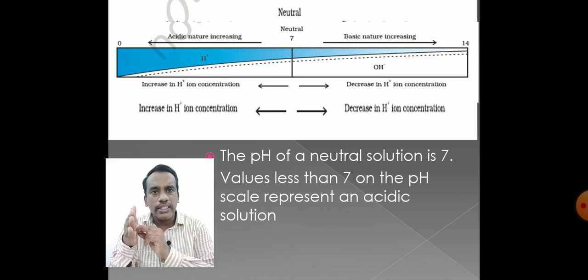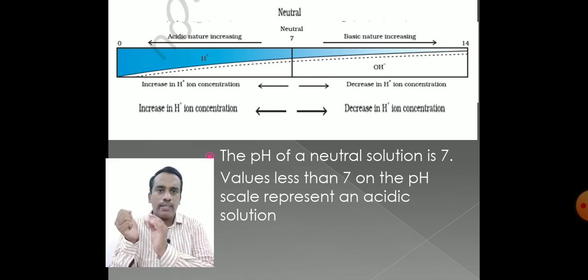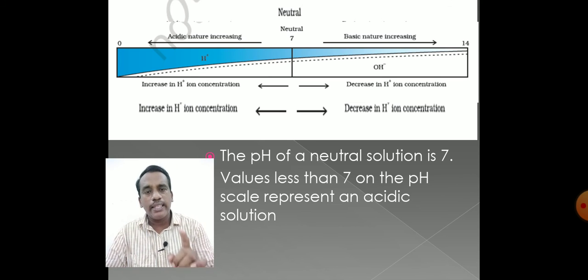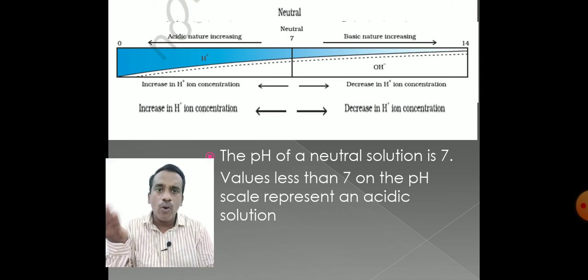We already discussed that when the H plus ions are given readily, they are called strong acids. So when you come to 0, it is a very strong acid. 0 to 6.9 is the range we must take as acidic, and the closer the value is to 0, the more acidic it is.